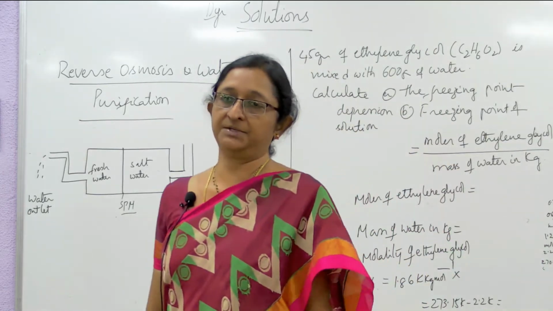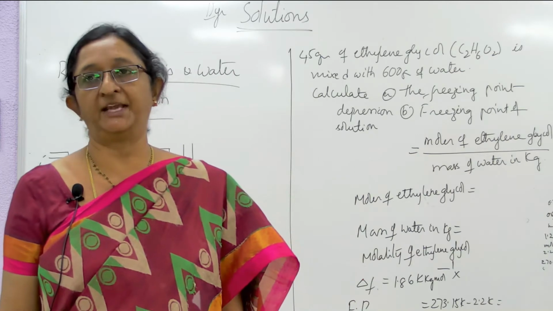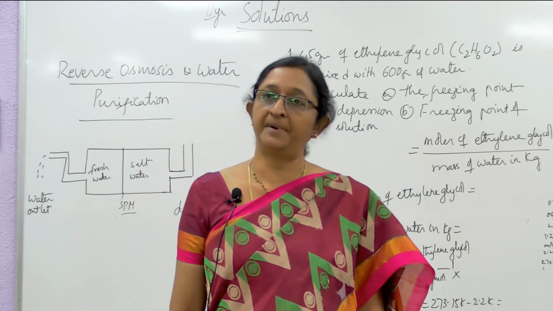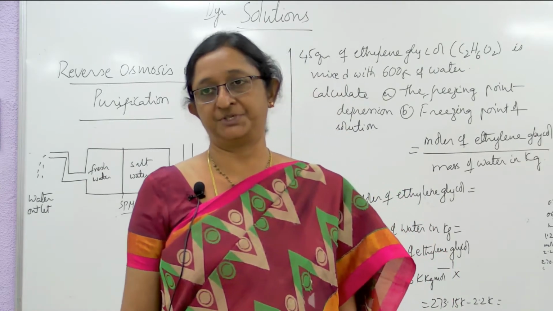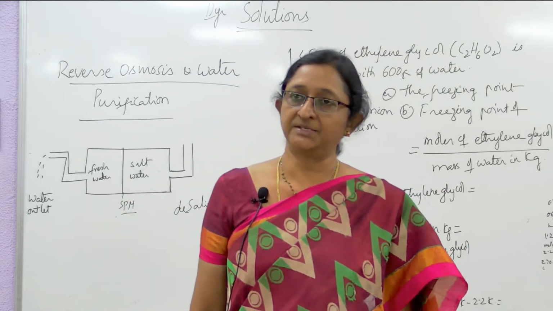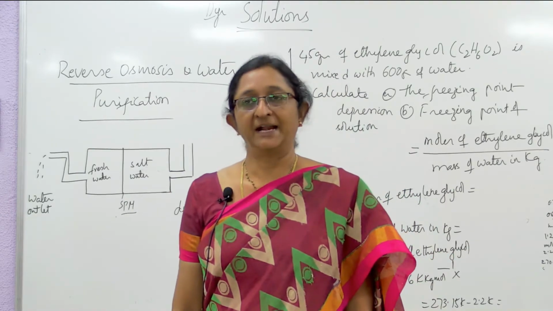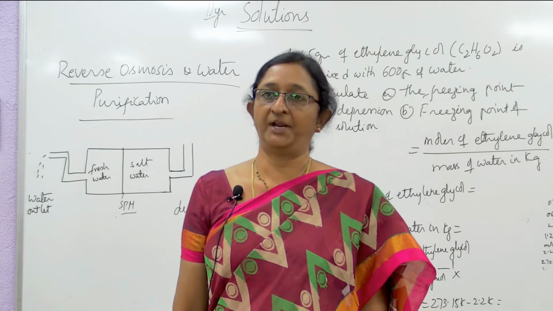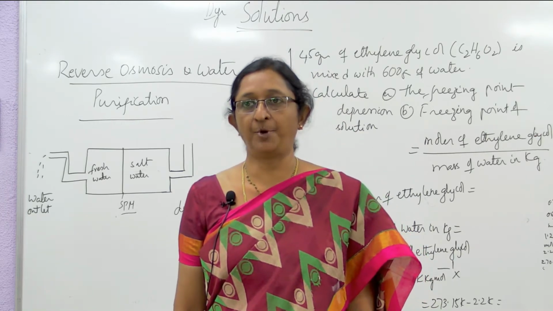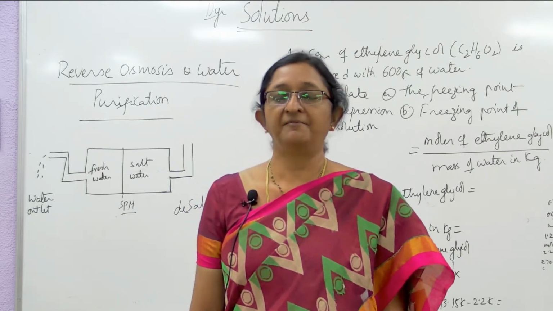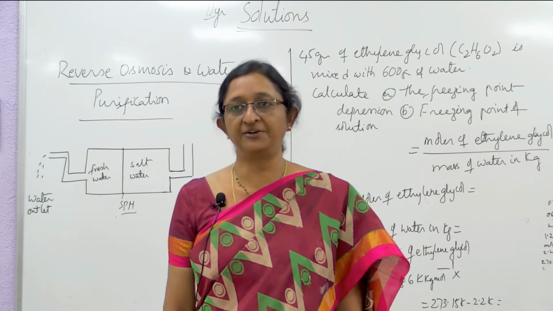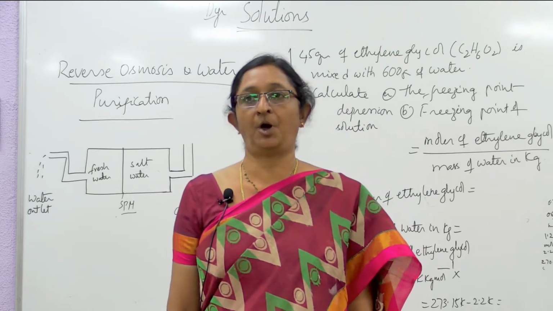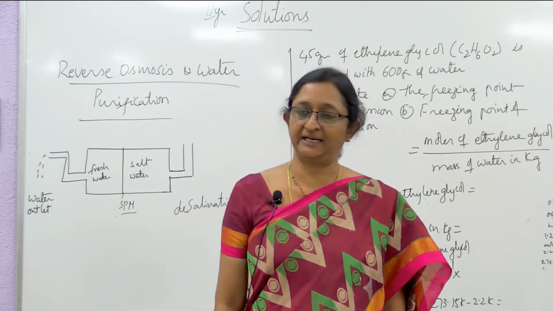So now students, till now we have learned the colligative properties. The colligative properties mainly depend upon the number of particles of the solute present in that particular solution. So relative lowering of vapor pressure, elevation of boiling point, depression of freezing point, and osmotic pressure. With the help of these four colligative properties, we can find out the molar mass of solute or the molar mass of solvent.